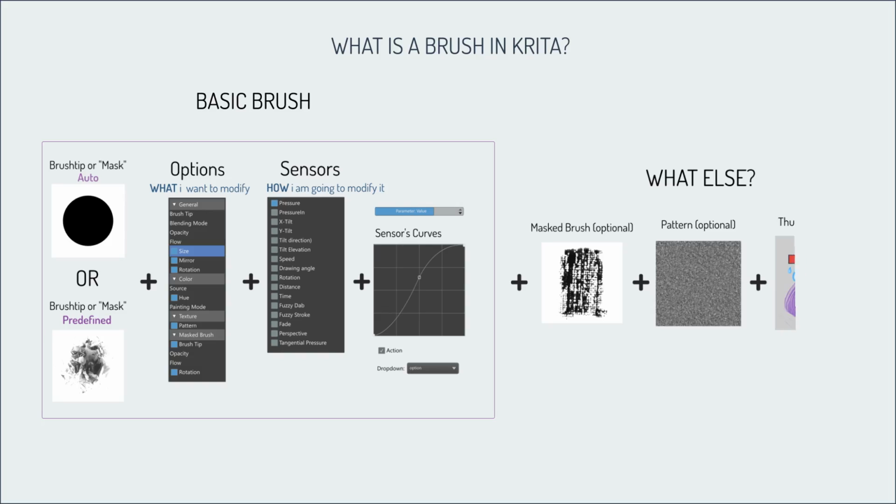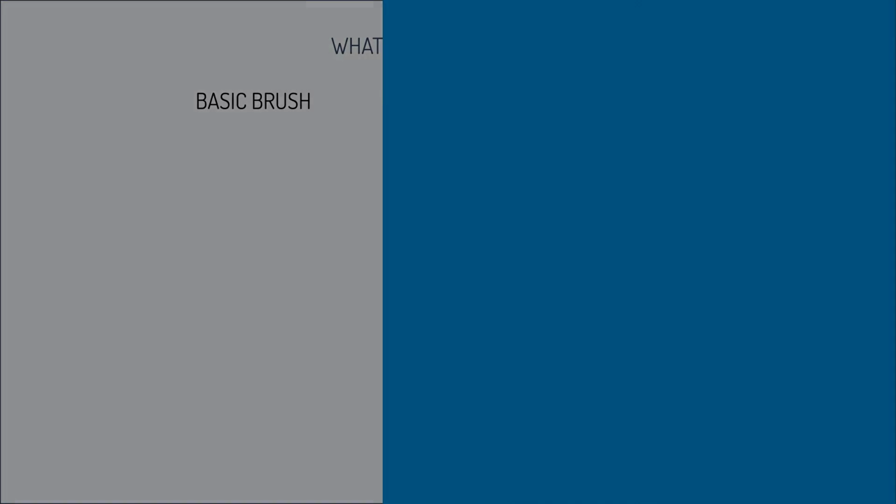Finally, we can add a thumbnail, and the thumbnail is optional. You can use the thumbnail creation that is already implemented in Krita. It's full of features, so it's really easy to create an icon, or you can create a separate image and then add it to your brush in the moment you save the brush.